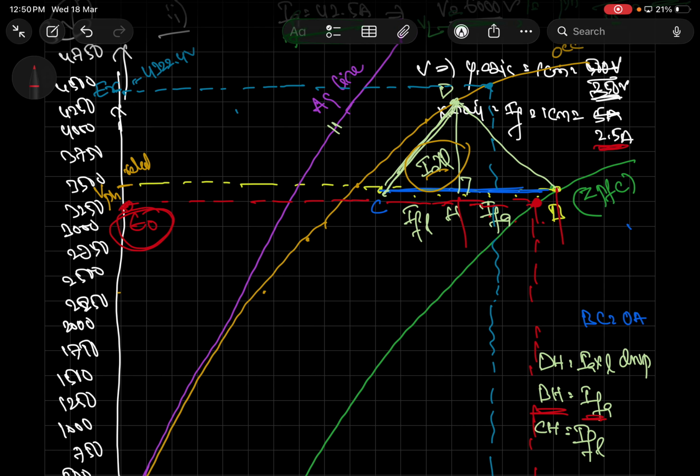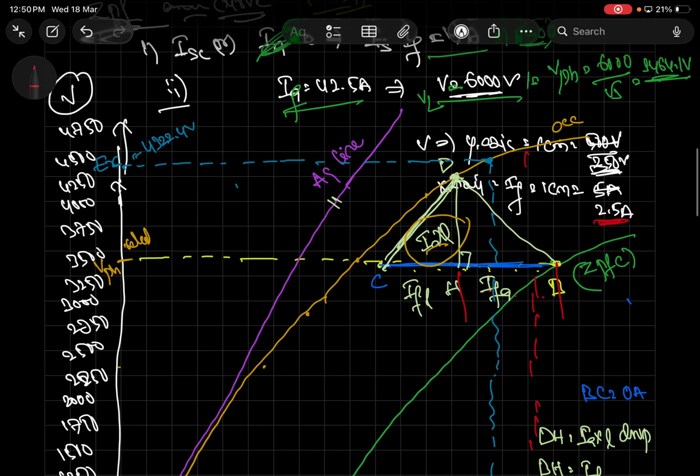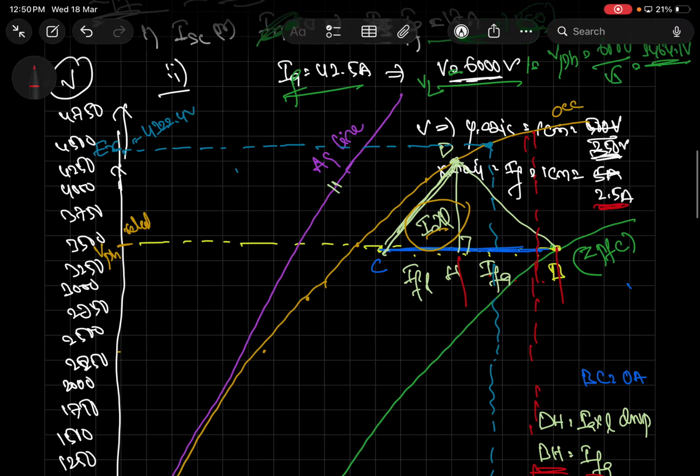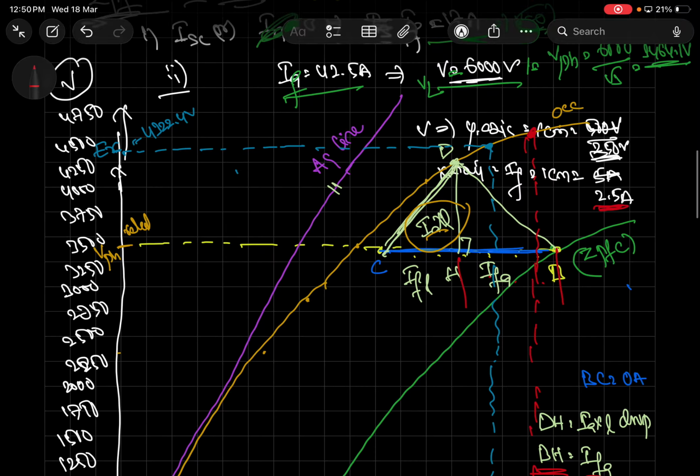Sorry, I made a small mistake here. I'm using this ZPFC. We have to draw a dotted line onto the OCC. It is a bit confusing on the tab here. So this is the intersection point on the OCC, from where we draw a dotted line onto the y-axis.